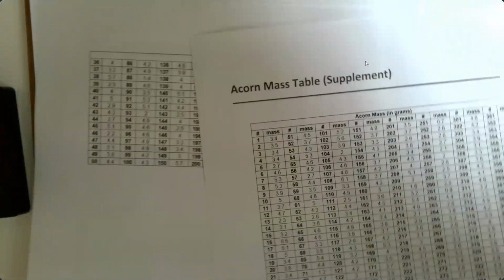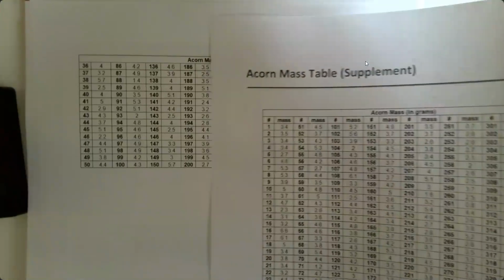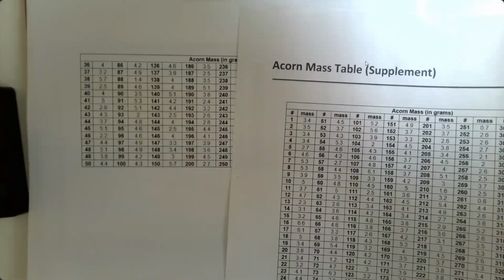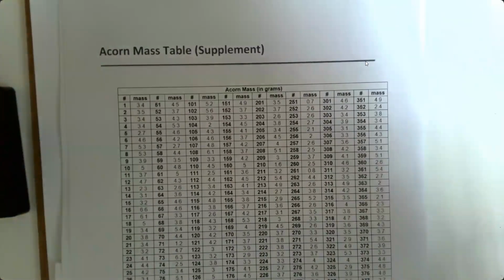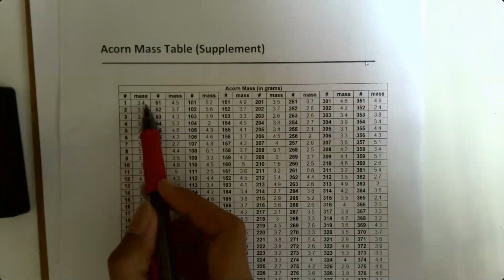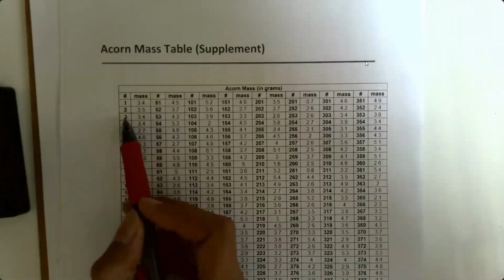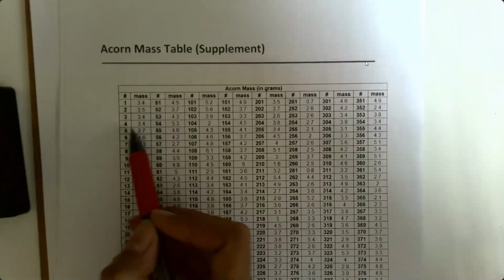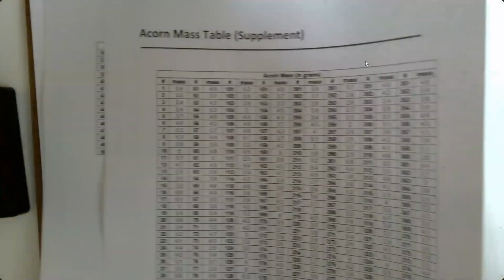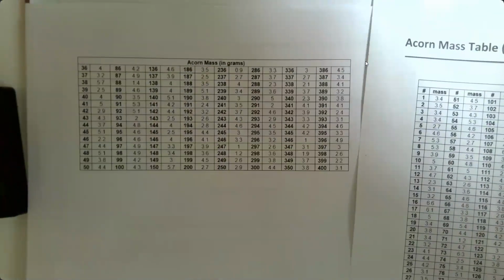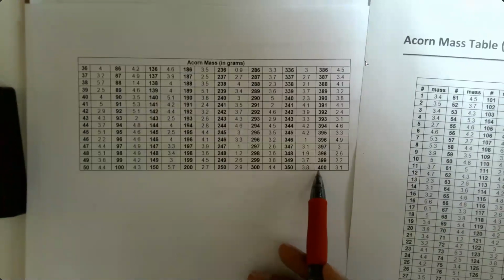So these are the tables that we have about the mass. The first one, the second one, as you can see the weight here. There are many of them, 400.